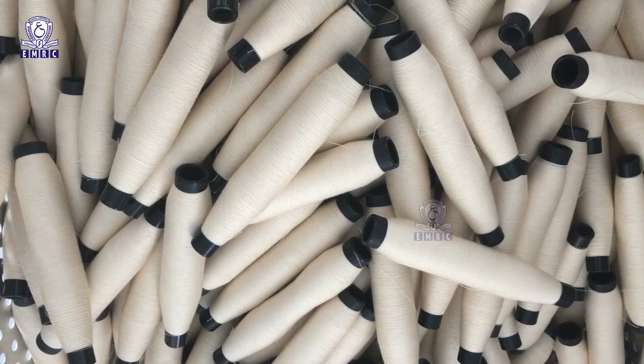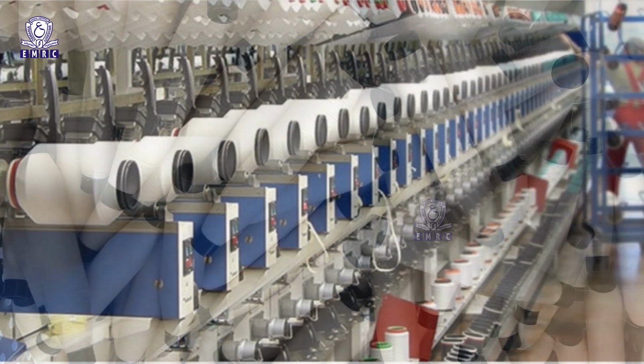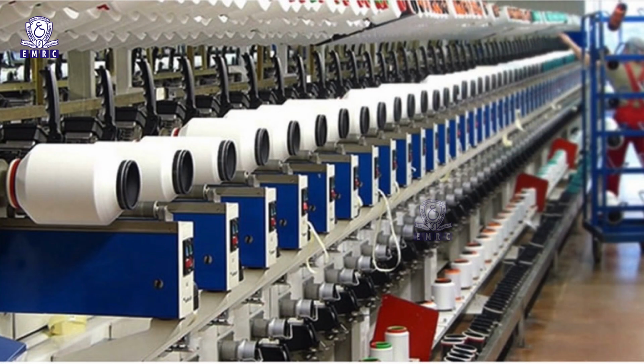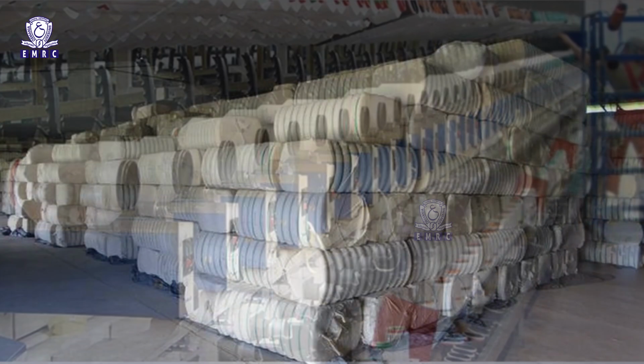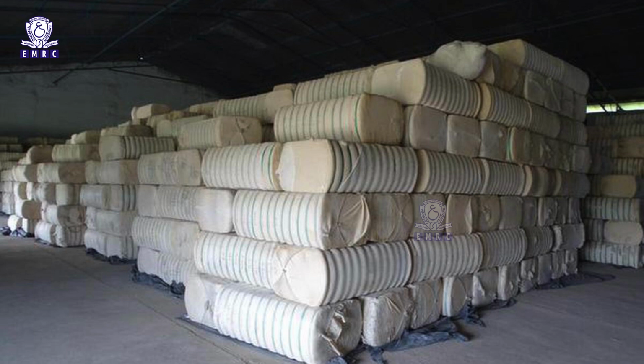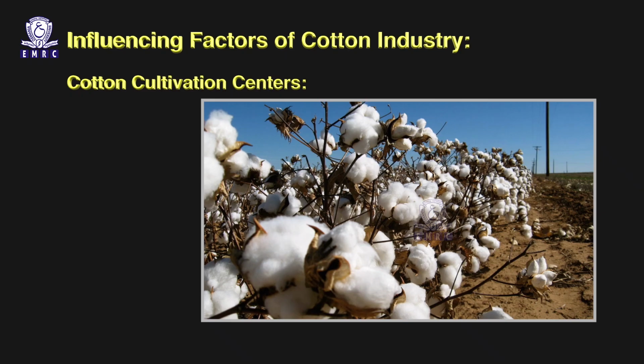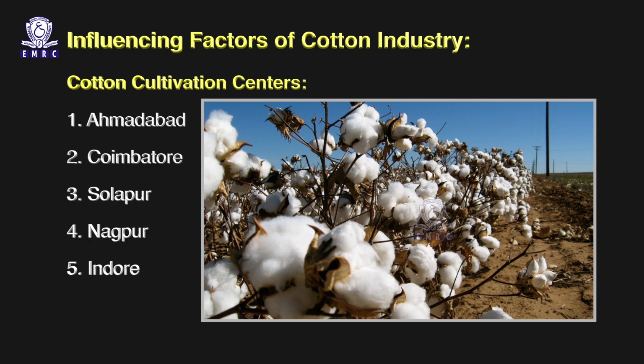Distribution of over 90% of the industry is co-terminus with the cotton growing tracts in the relatively drier western parts of the peninsula and the greater plains. Large centers like Ahmedabad, Coimbatore, Sholapur, Nagpur and Indore are situated in the areas of large-scale cotton cultivation.